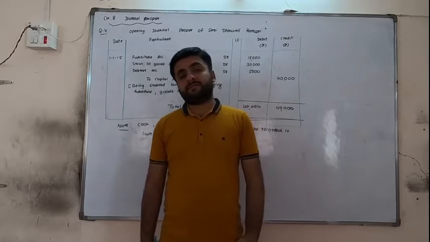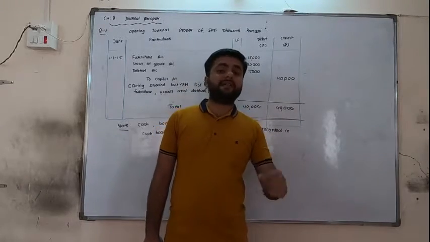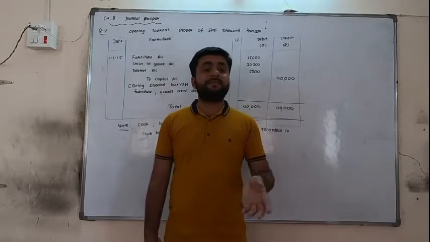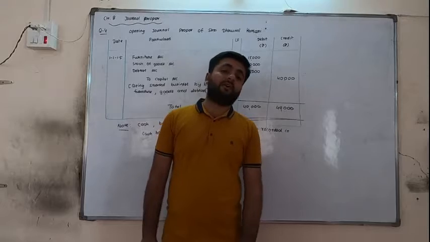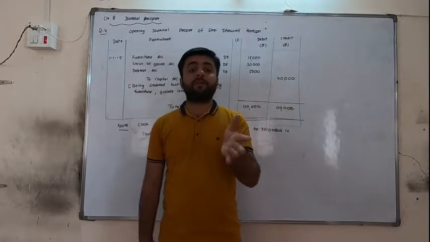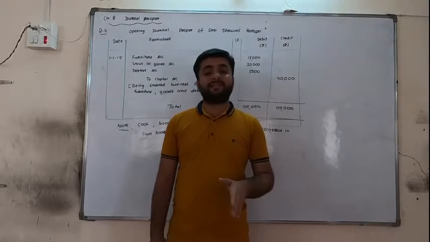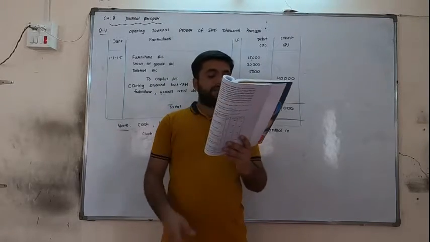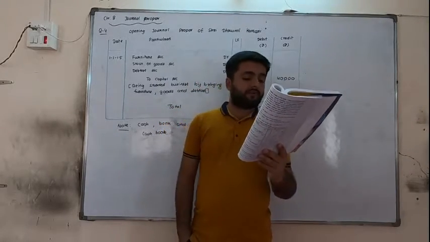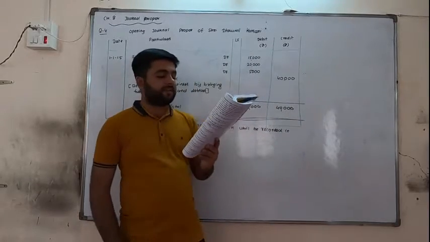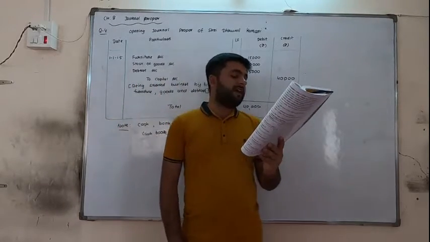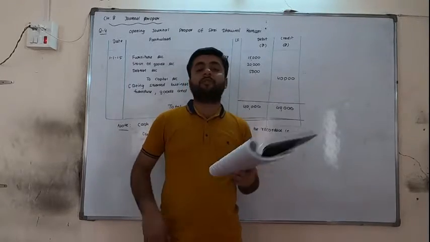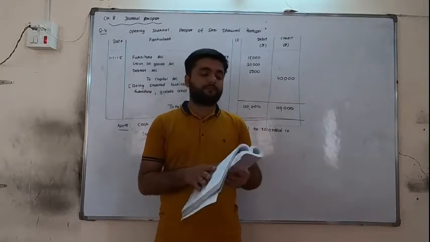And sometimes, if we sell or purchase an asset for cash, we get a profit or incur a loss on it, and that profit or loss on the sale of the asset cannot be recorded anywhere else, so we record it here. When an asset is purchased or sold for cash, it is recorded in the cash book. But if an asset is purchased or sold on credit, and its profit or loss on sale, these can be recorded in journal proper, as they cannot be recorded in other subsidiary books.